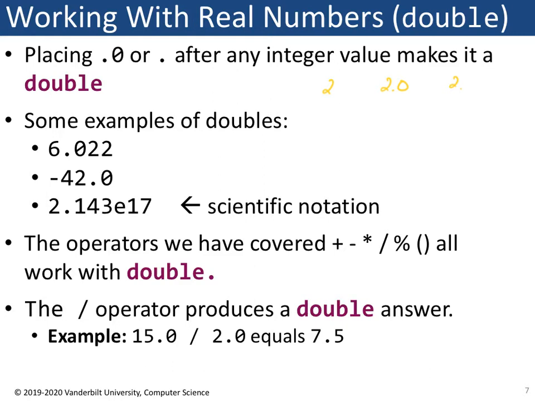So whereas previously 15 divided by 2 would have resulted in 7, now using reals we get the real answer we would expect, which is 15.0 divided by 2.0 equals 7.5.